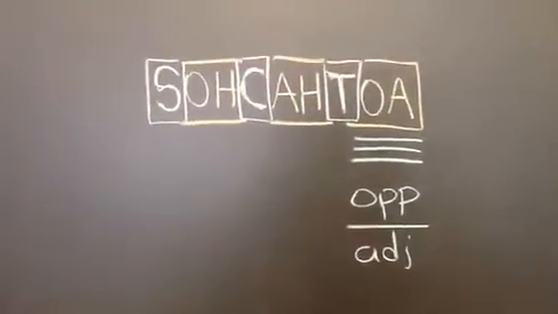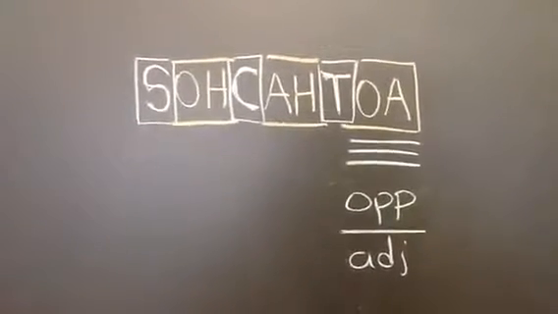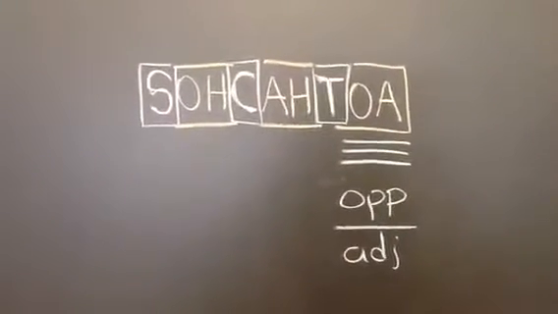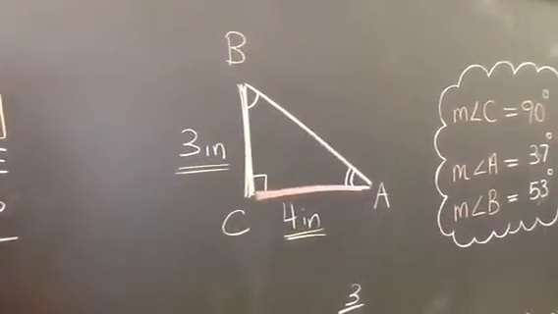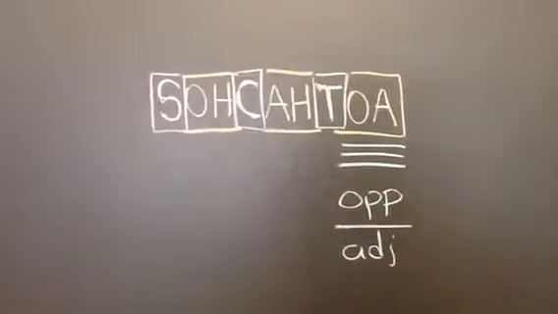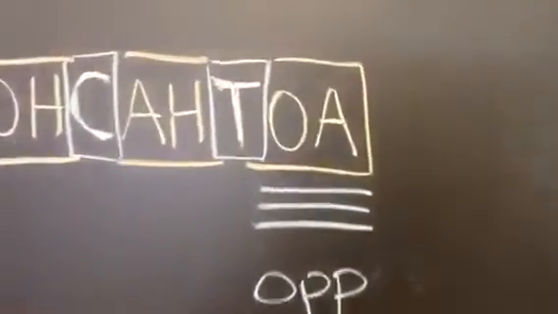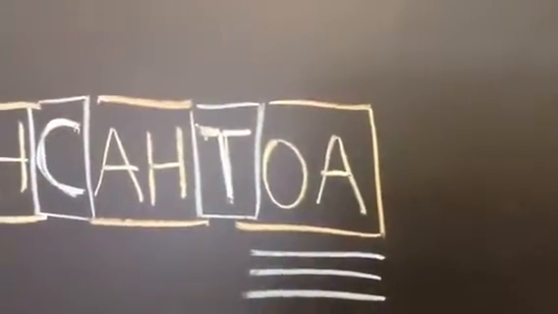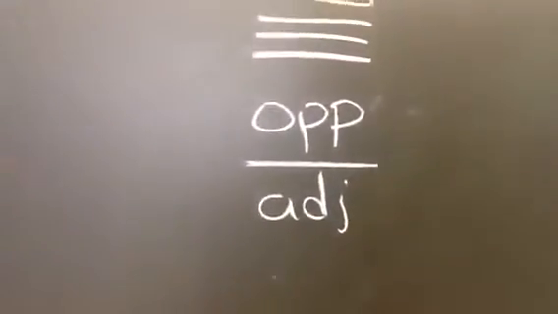Remember, S stands for sine, C stands for cosine, and T stands for tangent. And so the question is, knowing that I have an opposite and an adjacent, when do O and A come together in SOHCAHTOA? Well, immediately following T, tangent. And so it's the tangent function that I'm going to use, opposite over adjacent.